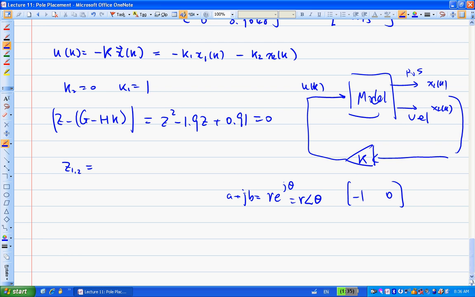So in this particular case, our two complex poles give us this. So with the selection of k1 is 1, k2 is 0, you placed the pole at 0.95, which is r, and theta is this, 0.09 radians.